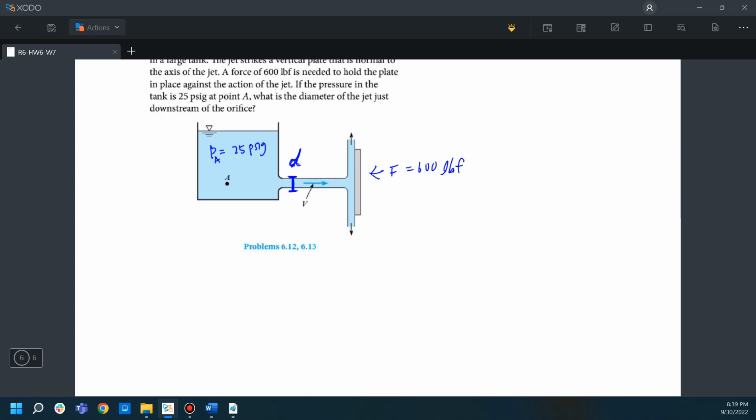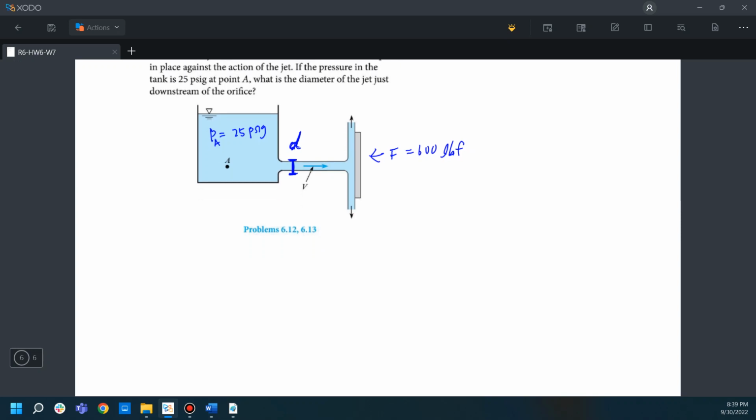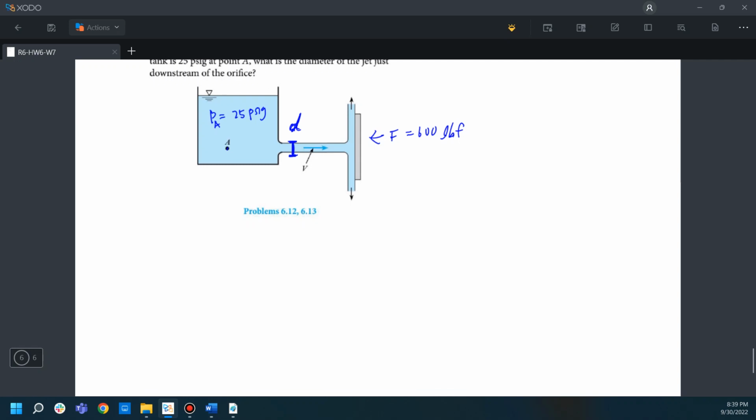So we'll follow the same logic. And even the simplified Bernoulli equation is the same as the previous question, if you denote this A as point 1 and this outlet as point 2. So I will skip that simplification step, but you should know how to do it.